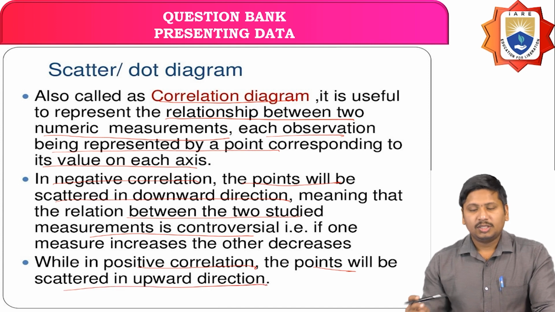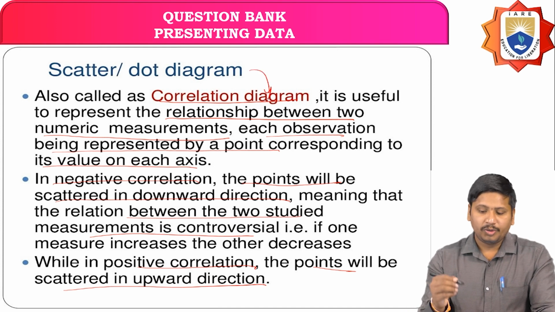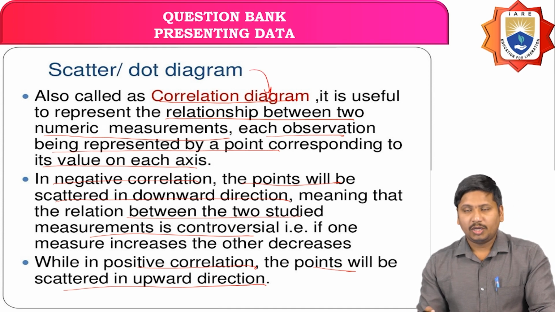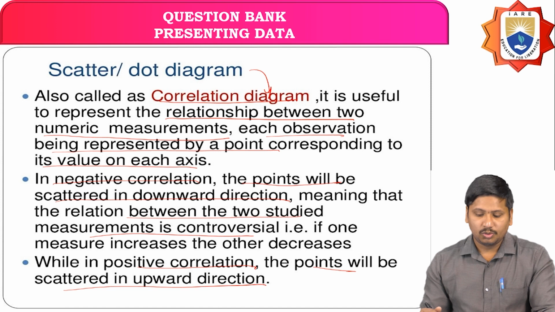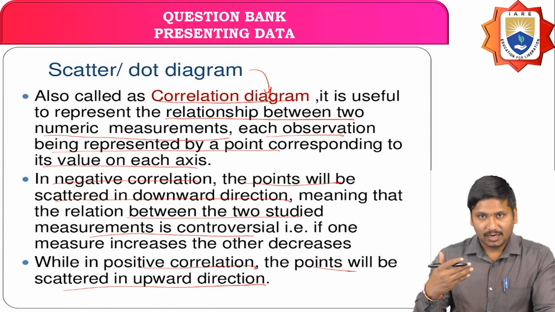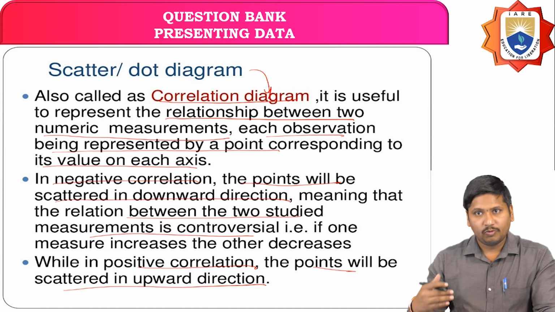So this scatter diagram or dot diagram has another name, the correlation diagram. Here we have two types of correlations. The first one is the negative correlation, and the second one is the positive correlation. In negative correlation, all the points are scattered downward, whereas in positive correlation, all the points are scattered in an upward direction.